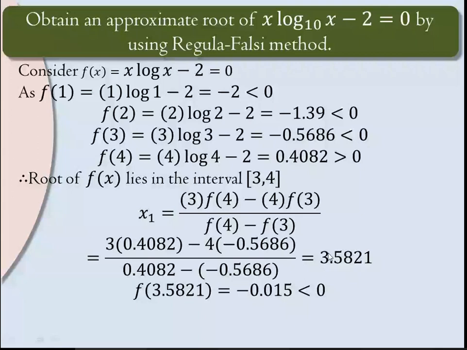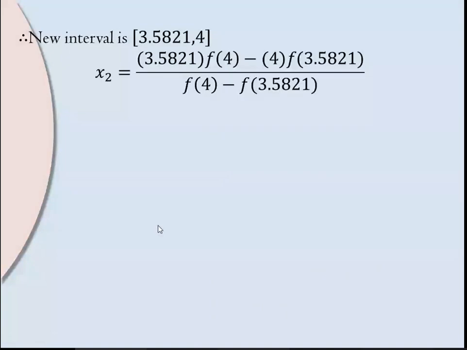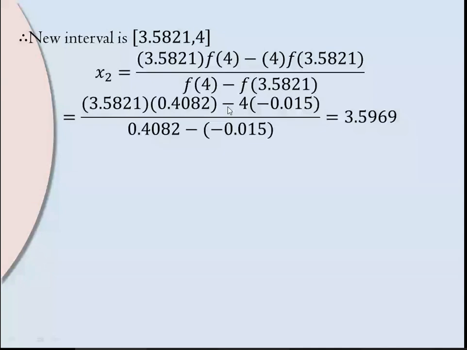So the new interval will be 3.58 to 4. Again, take this as a, take this as b, f of a we have already calculated, and f of b we also know. So do the cross multiplication, subtraction, and find the value of x2. X2, doing the cross multiplication, we get 3.5969.